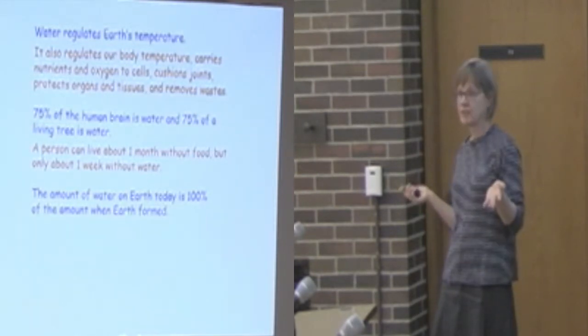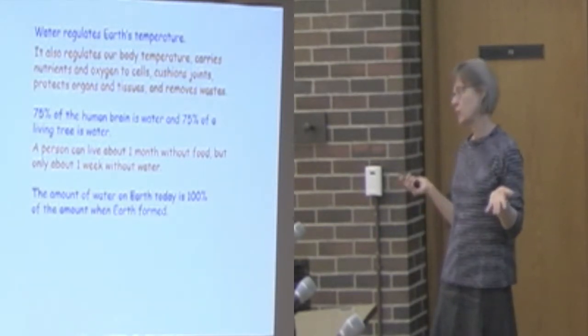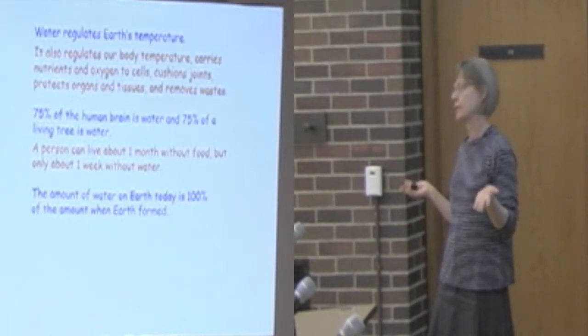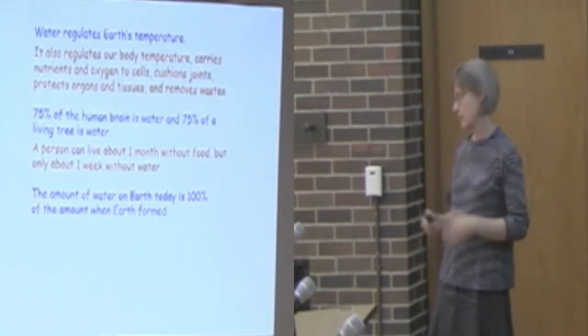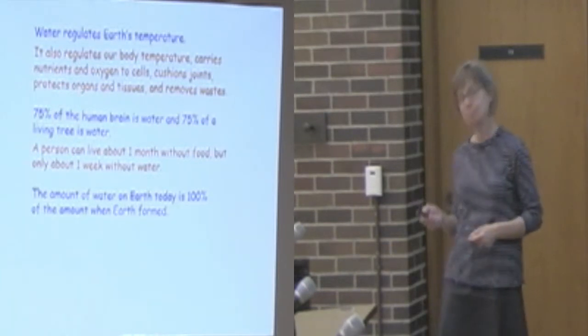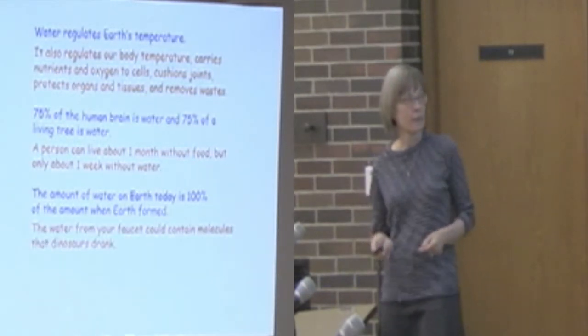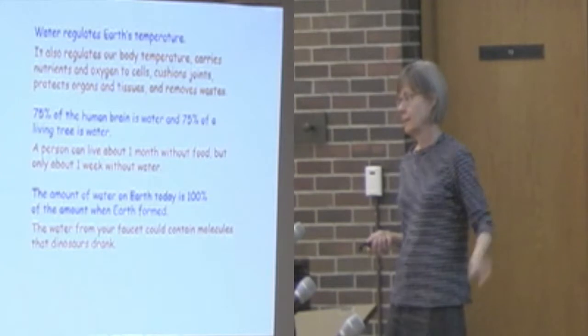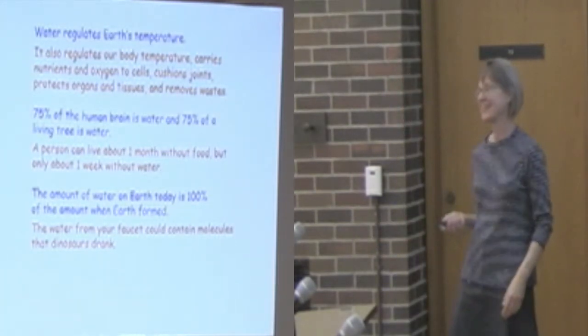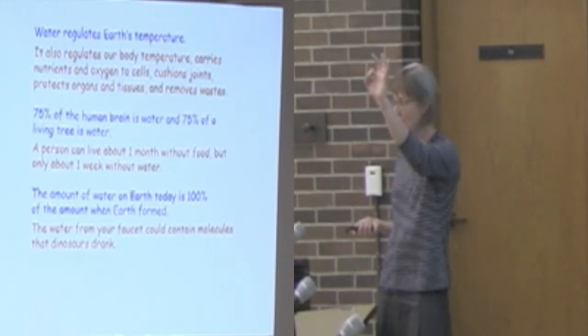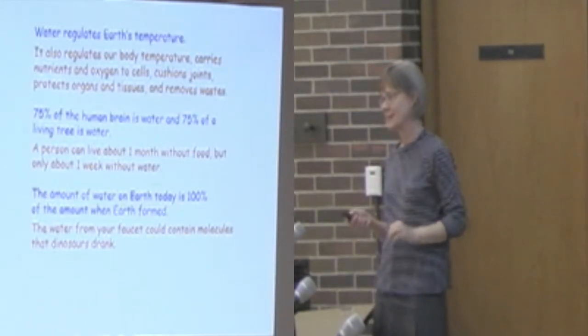And actually, people are saying that there's probably the equivalent of at least one ocean's worth of water molecules still down in the Earth, tied up in mineral forms. It's recycled. You may have a water molecule in you that was once in a dinosaur.